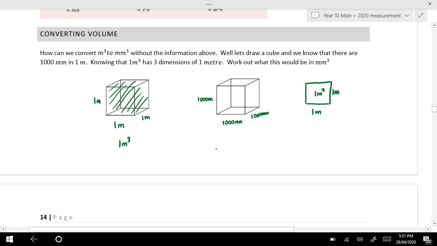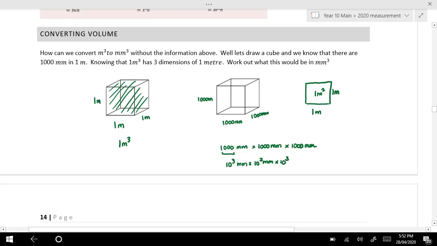If I was to do the volume of that shape, it's going to be equal to 1,000 millimeters times 1,000 millimeters times 1,000 millimeters. We could even do that in scientific notation because they're extremely big numbers. 1,000 is the same as 10 to the power of 3 millimeters, times 10 to the power of 3 millimeters, times 10 to the power of 3.